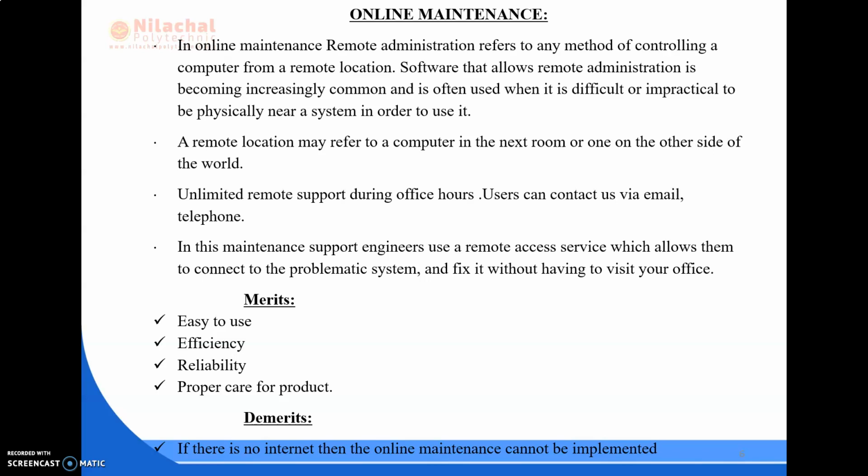A remote location may refer to a computer in the next room or one on the other side of the world. Unlimited remote support during office hours is also provided by online maintenance.